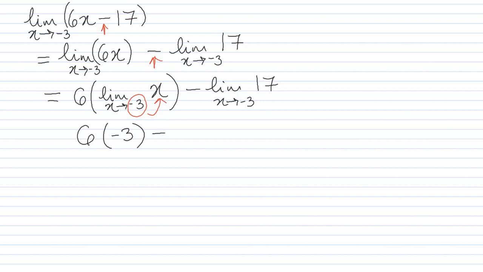Anytime you're given a limit of a number or a constant, whether the constant is a fraction, a decimal, or a whole number, like we have here, 17, there is no variable here that you can input the value into. You don't have 17x or 17x squared or anything like that.